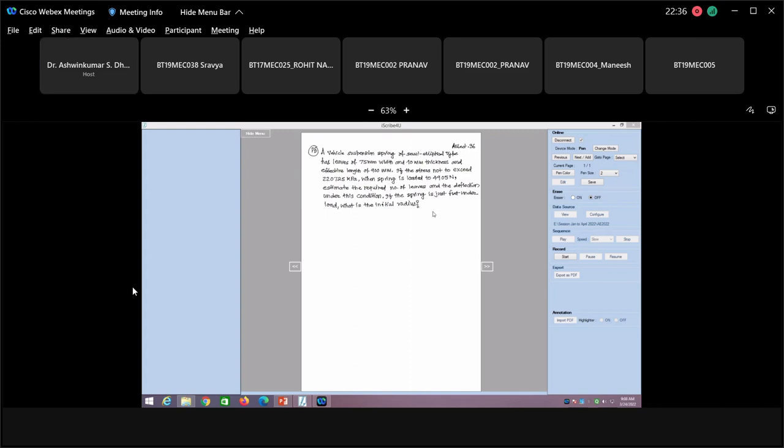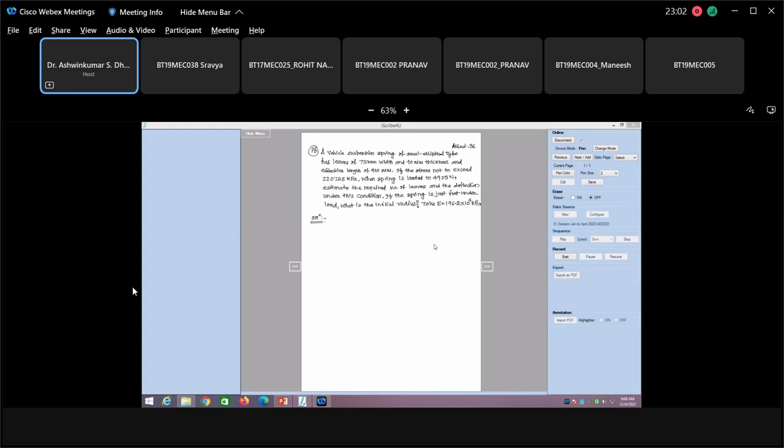Take E equal to 196.2 into 10 raised to power 6 kilopascal. So please read the problem carefully.